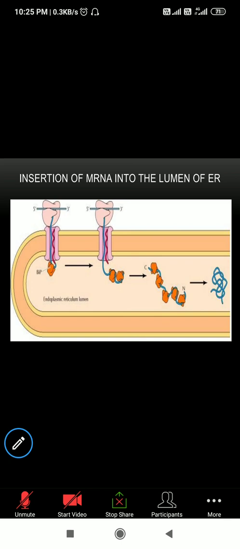In case there is misfolding of the proteins in the lumen of the endoplasmic reticulum, at that time BiP remains attached to these polypeptide chains and the protein is retained within the endoplasmic reticulum, or rather we can say they get degraded by lysosomes.